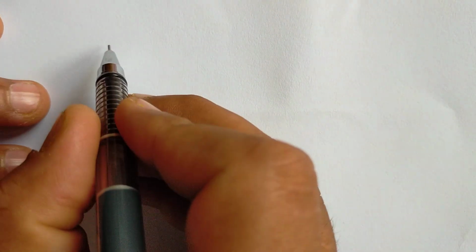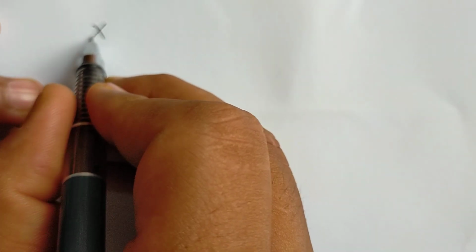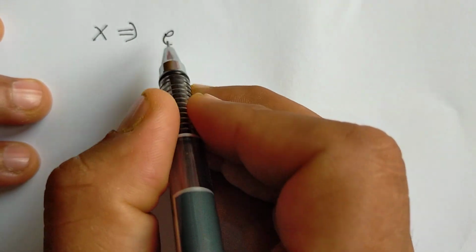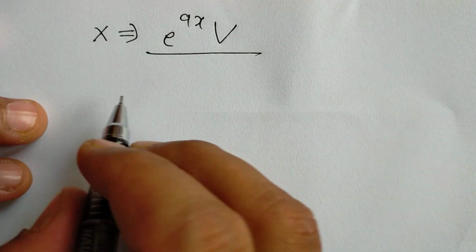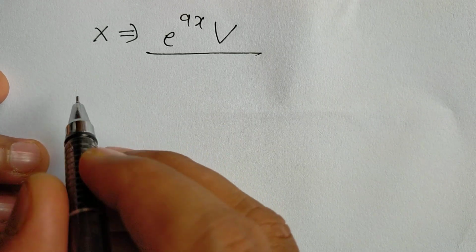Let us see one more special case, when the non-homogeneous part is a product of an exponential and any function of x. So here X is e power ax into v, where v is again a function of x.